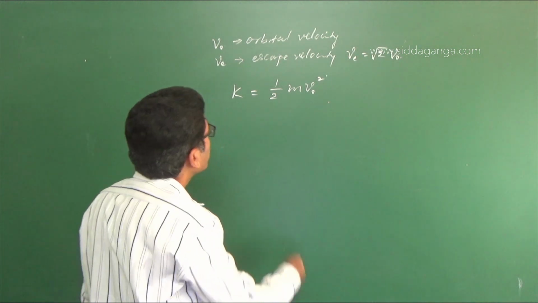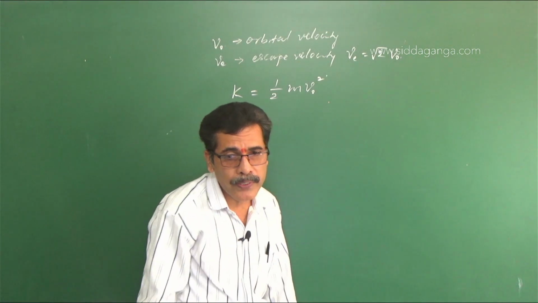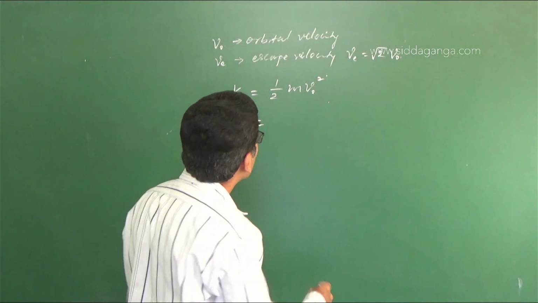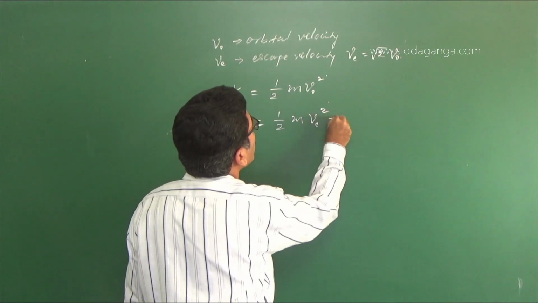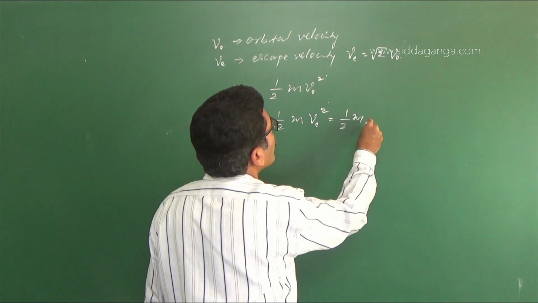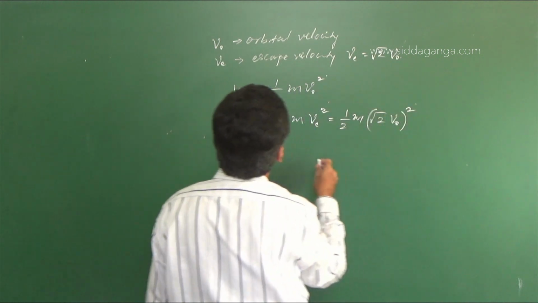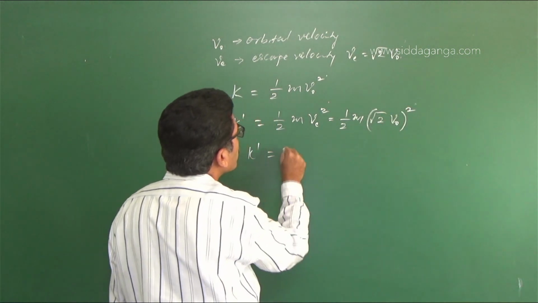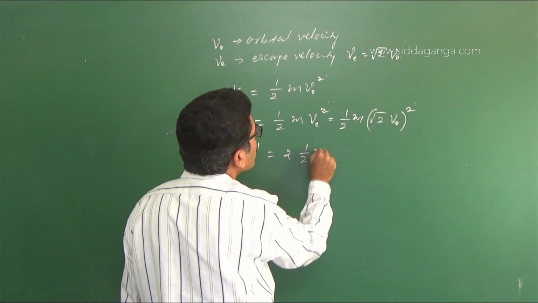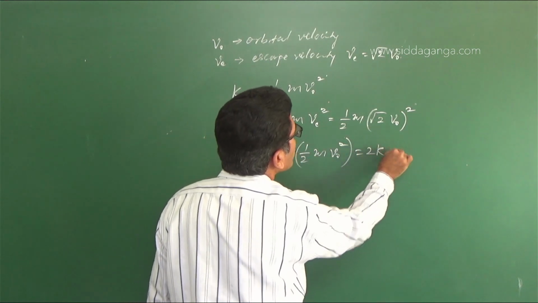Then the final kinetic energy K dash, the minimum kinetic energy, is half m v square, that is half m into root 2 v naught whole square. This comes out to be K dash is equal to 2 times half m v naught square, which is equal to 2K.